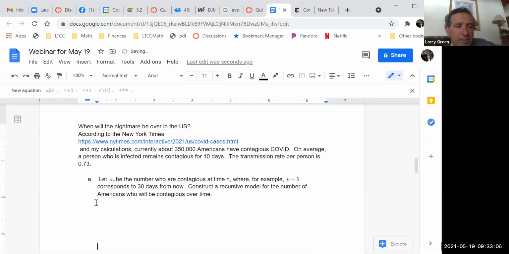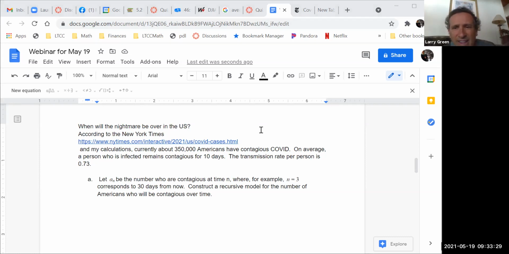In other words, you need to write down what A_(N+1) is in terms of A_N, and also what A_0 or A_1 is. You can choose whether you want to start with 1 or 0. That's totally up to you.